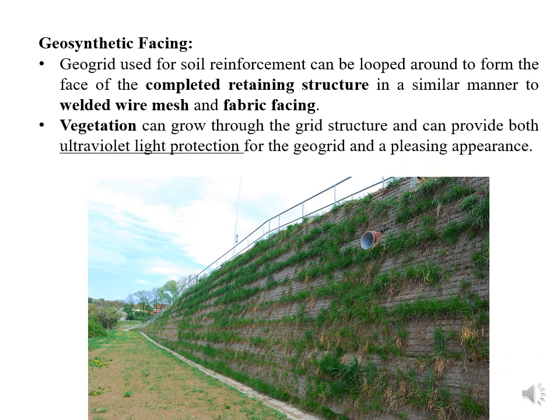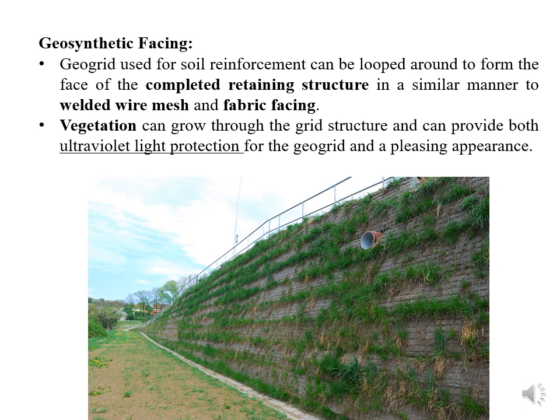Then vegetation can also be grown in the vacant parts of the geogrids, which will improve the appearance. Vegetation can grow through the grid structure and can provide both ultraviolet light protection for the geogrids and a pleasing appearance. What does it mean? Geosynthetic materials are very sensitive to ultraviolet light.